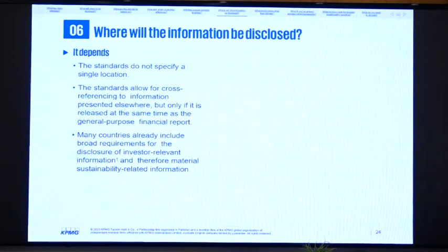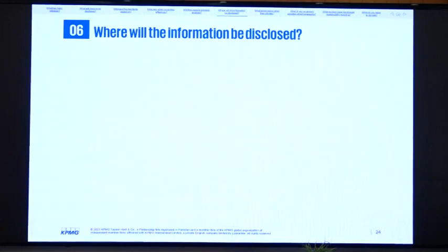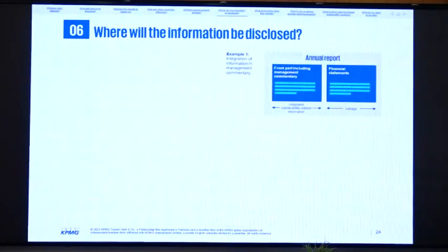Now, as we discussed, where the reporting will happen. A simple picture. This is kind of an integrated report where in one document we publish the sustainability as well as the financial statements. It's very easy to cross-refer.